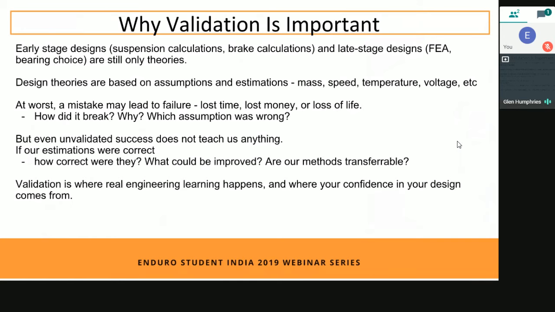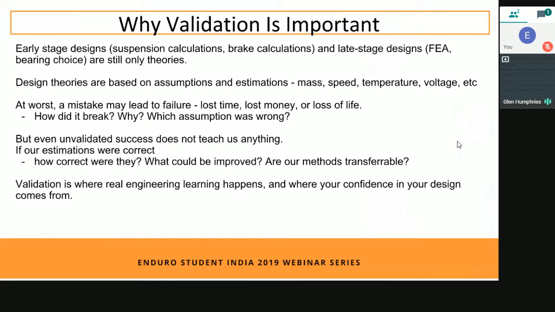Why validation is important. When I was a student, I hated the V word. It got rolled out all the time and it didn't seem useful. So I'm trying to turn that around. Early stage designs, for example, if you saw our first lecture, the design of the vehicle began with some really basic bottom level numbers.